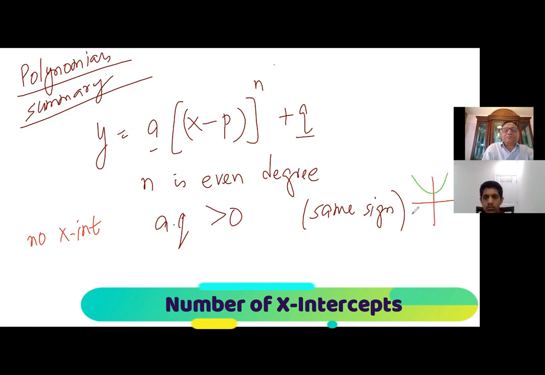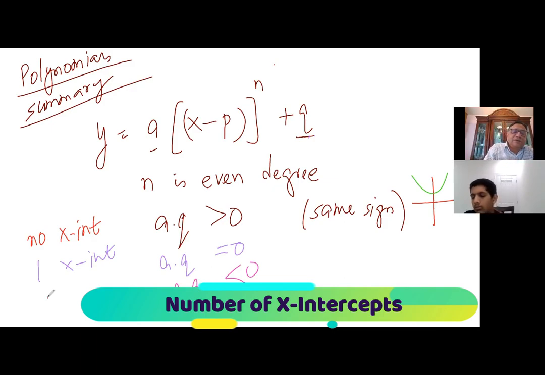You understand? However, if the product of a and q is 0, that means q is 0, right? In that case, we have one x-intercept. And now, if the product of a and q is less than 0, that means negative, right?